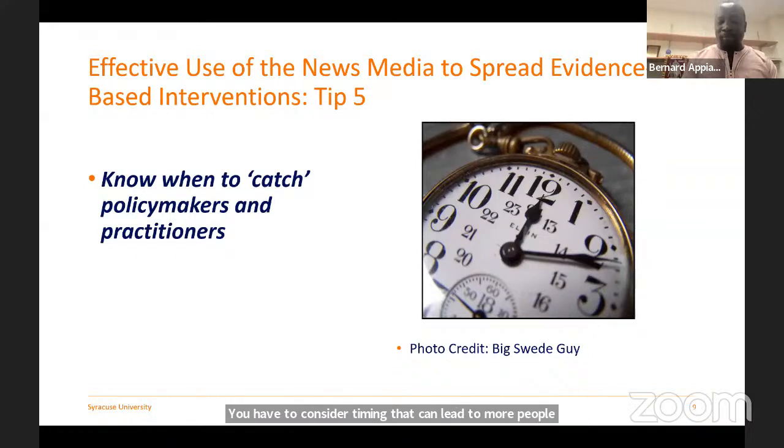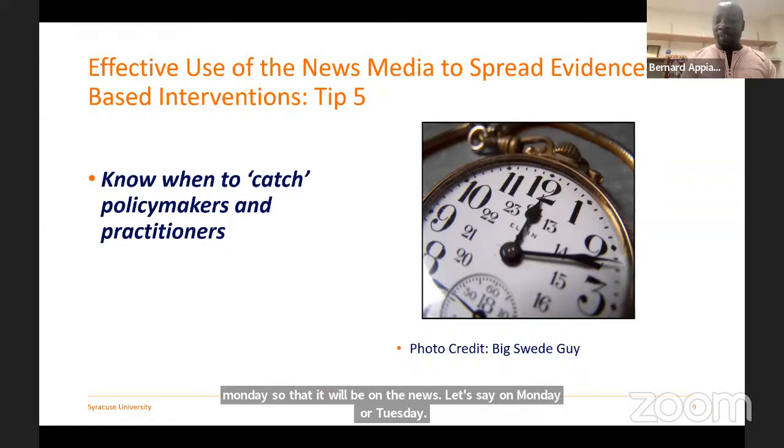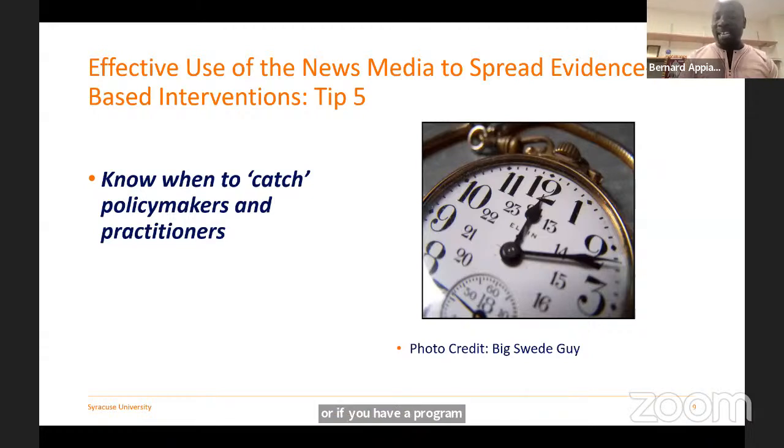For example, if you have an option of launching a program on Monday so that it will be on the news on Monday or Tuesday, or if you have an option of launching it on Friday with the hope that it will come on air on that Friday or Saturday.